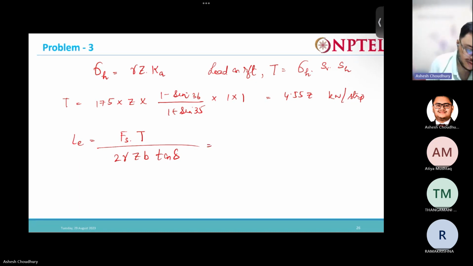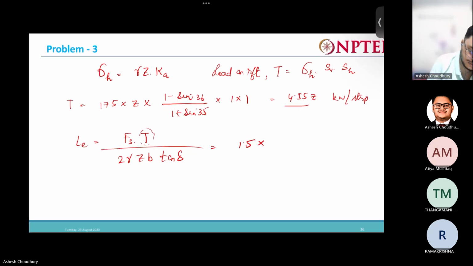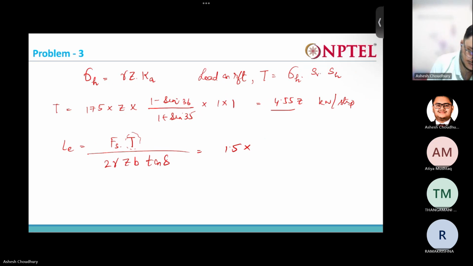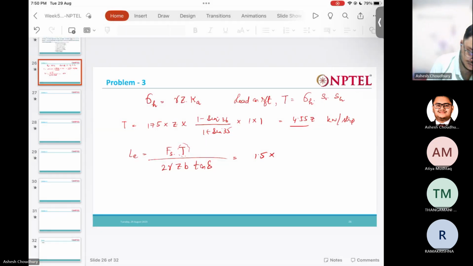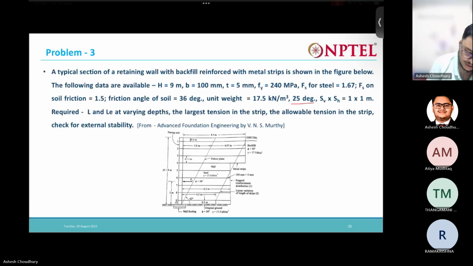Now what we will be doing is, in place of this T, we will be putting this expression. So 1.5, this is given. Soil friction is 1.5, this is given.